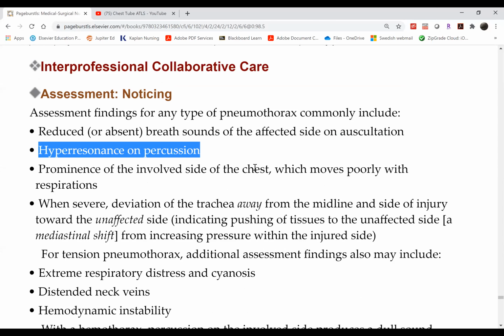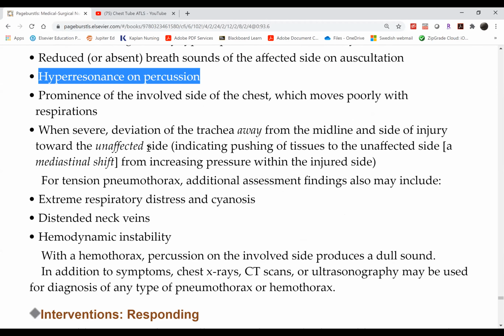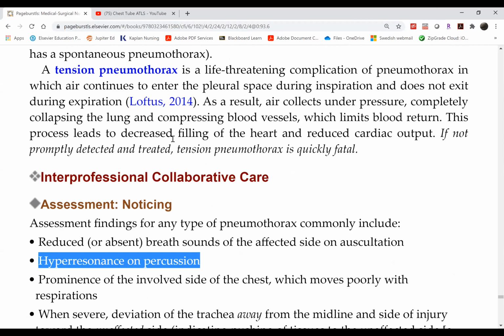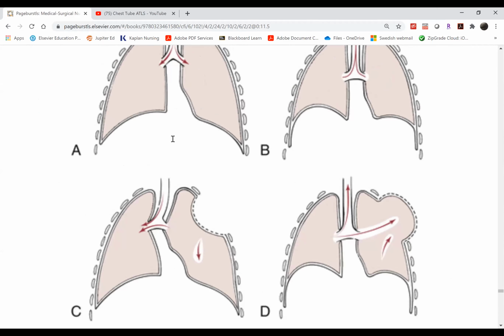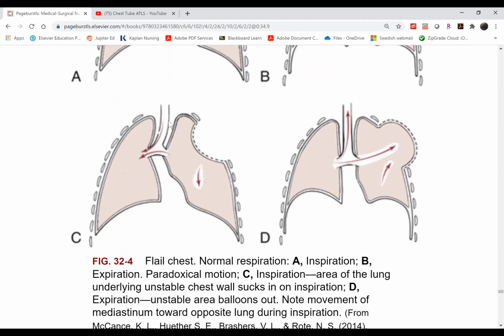There's no lung in there. There will be prominence of the involved side, meaning there will be no chest movement or expansion there, only the other side will. There will be deviation of the trachea with every breath.